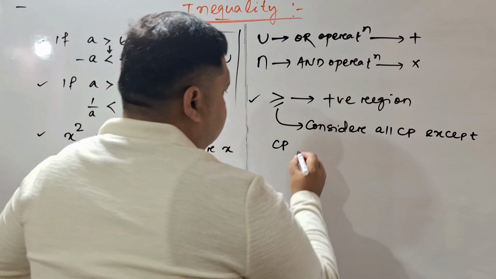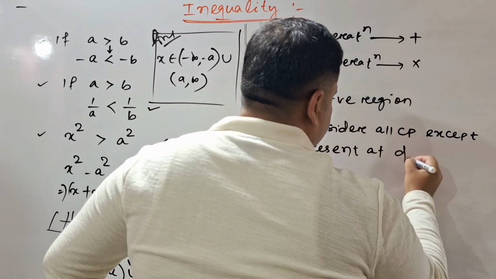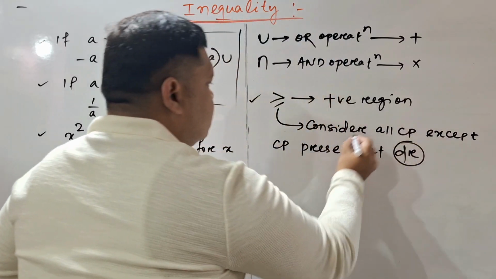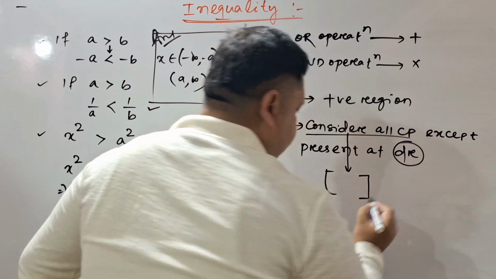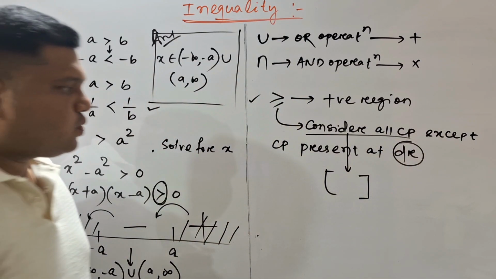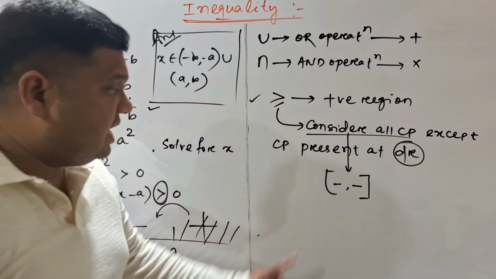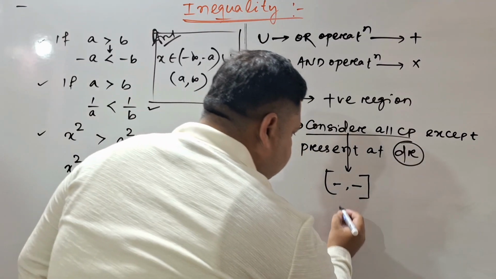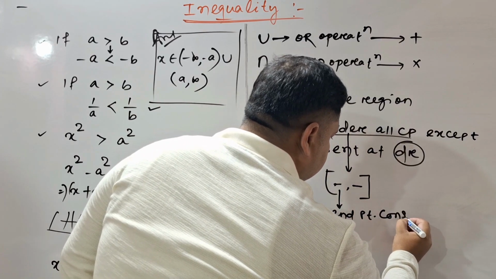Clear? Consider all critical points means what? You use this symbol, close bracket or square bracket. Square bracket means, suppose two elements here you write, the end point is considered.